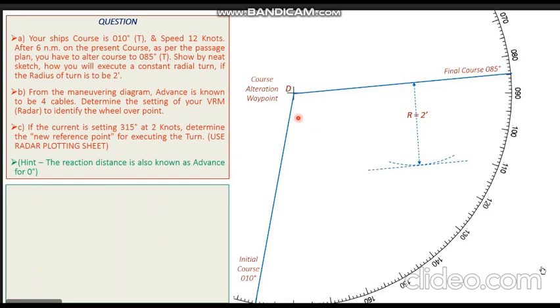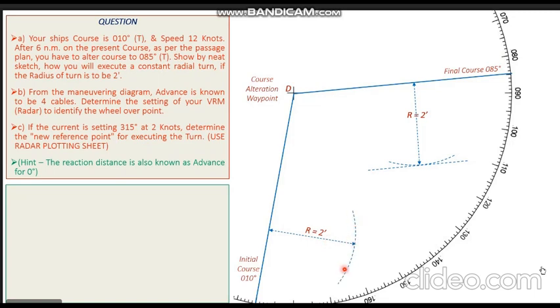Now the same procedure is repeated on the initial course also. I pick up one particular point on my initial course. This is the point which is picked up. Now, keeping my compass centered at this point, I open it up to a radius of 2 nautical miles, which is equal to my radius of the turn. I again draw an arc.